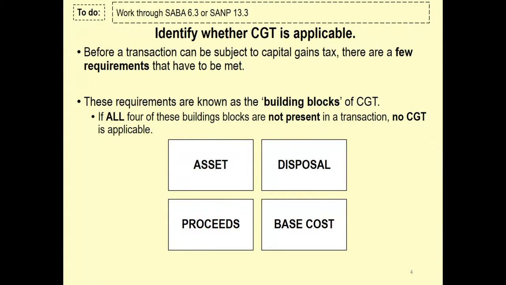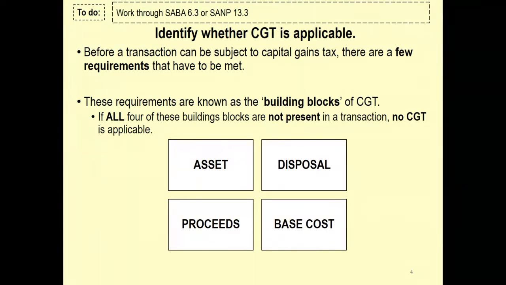Please make sure that you know what each of these means, specifically in terms of making sure that you know what an asset is. What is an asset, what is not? When is there a disposal? And then the same for proceeds and base cost.